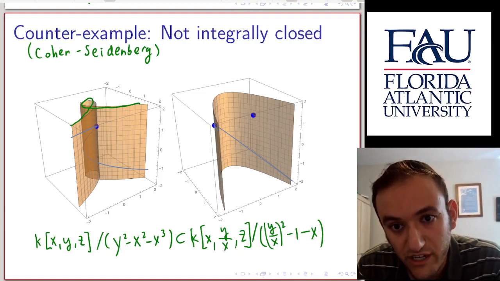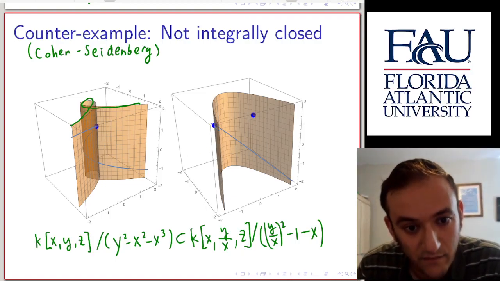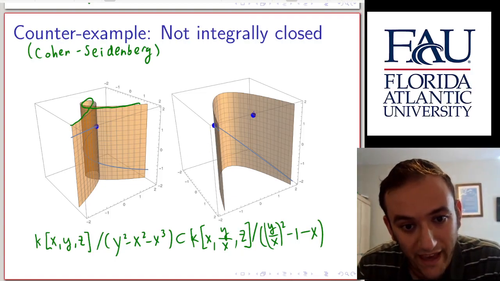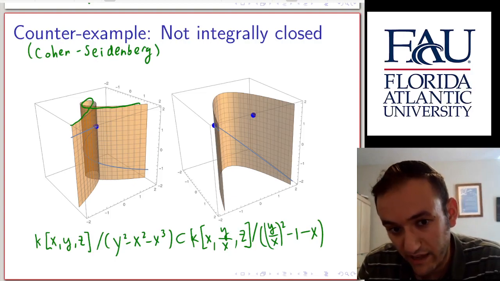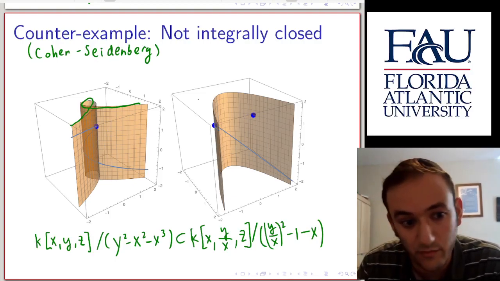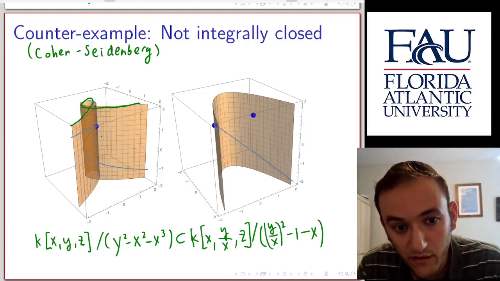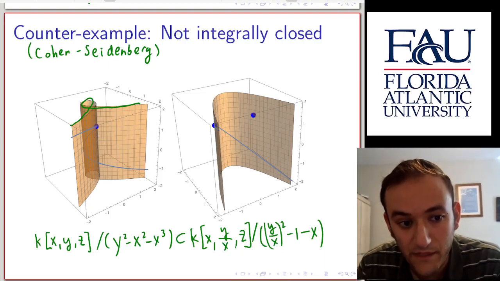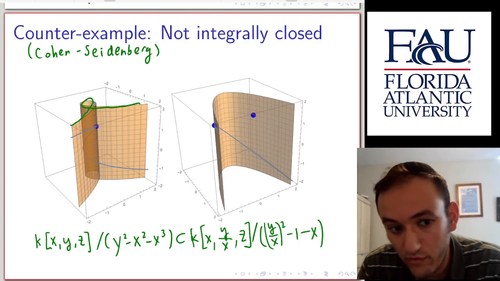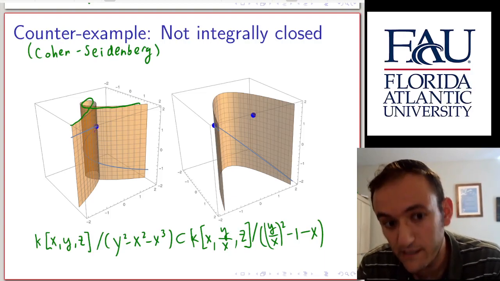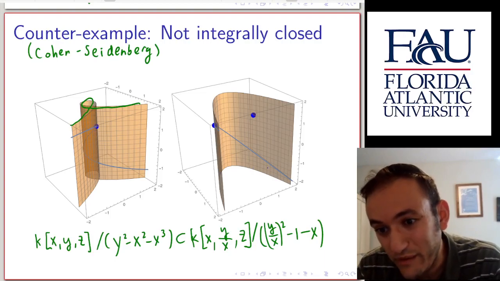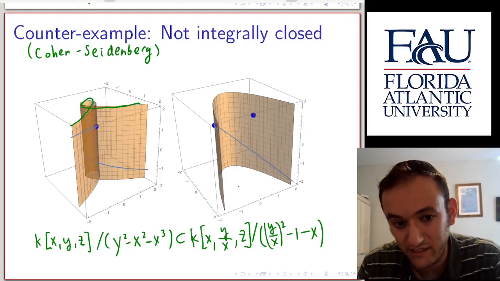So the illustration of this is that we have these two blue points on the right, which correspond to this single blue point on the left. Okay, so these are two maximal ideals that correspond to one maximal ideal here. And then there's a curve that passes through the maximal ideal on the left, but on the right, it only passes through one of those maximal ideals.